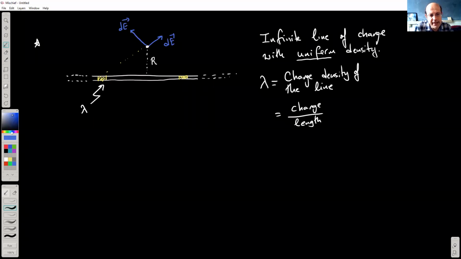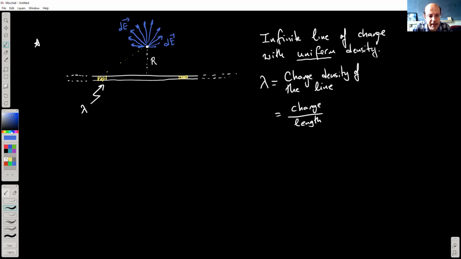So all of the electric fields produced by different charges on the rod are always in different directions. So there are basically infinitely many infinitesimal vectors, all in different directions, and I have to add them up.